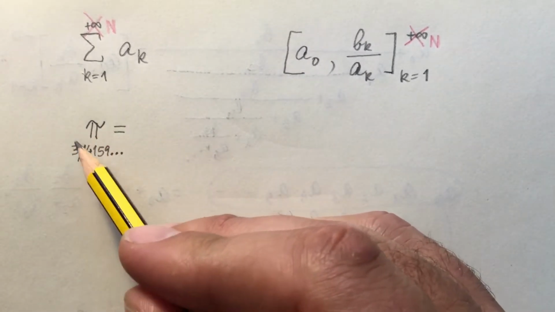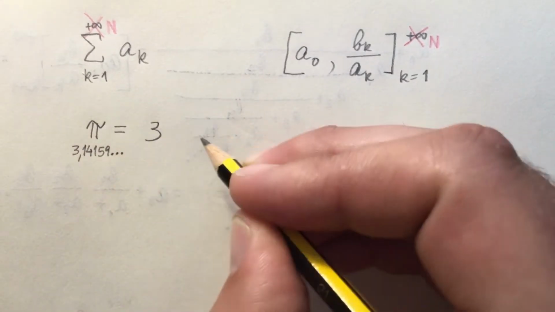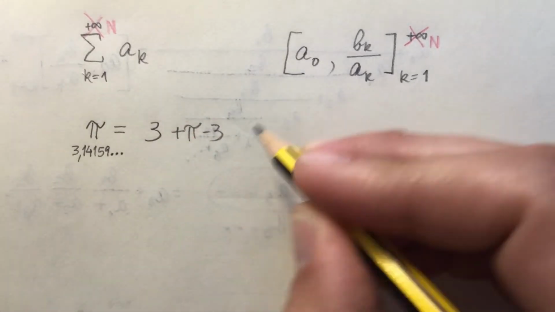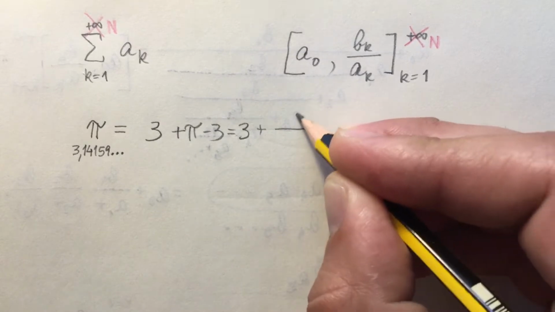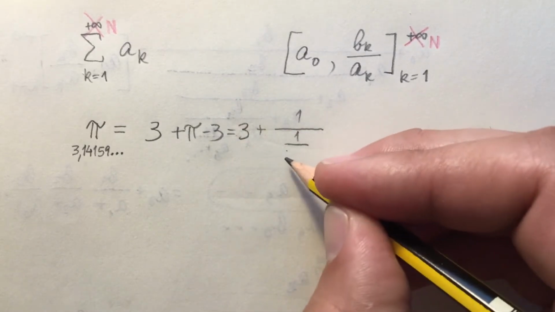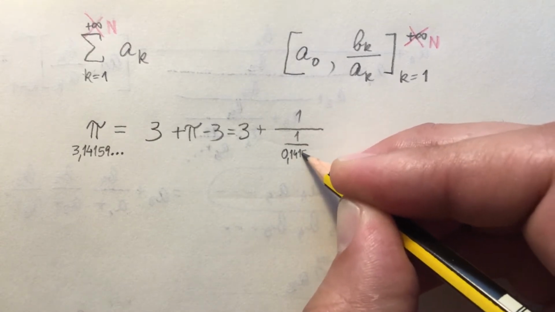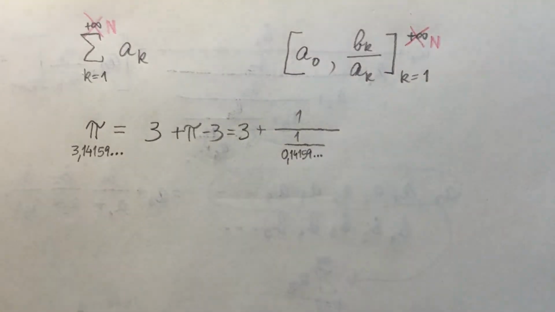The integer part is 3, so we can write that pi is equal to 3 plus pi minus 3, which is the same as 3 plus 1 divided by 1 divided by pi minus 3. That will be 0.14159 and so on and so forth.